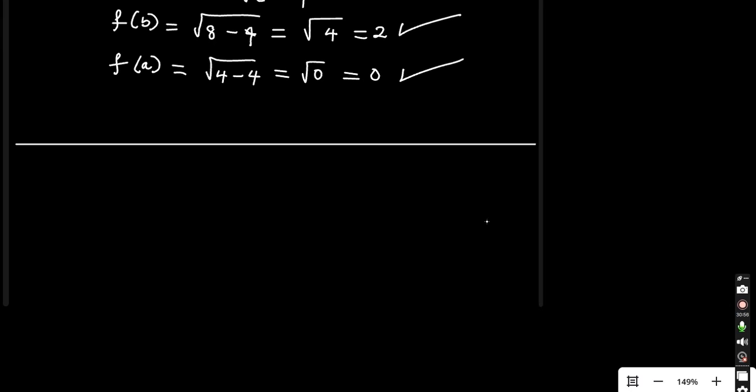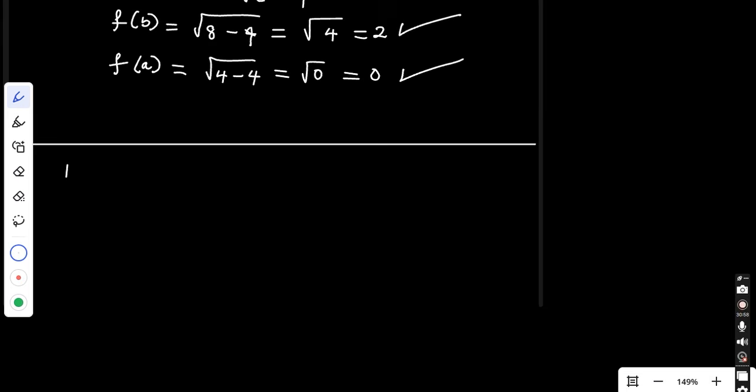What is f prime of c? That is 1 over 2 root c minus 4, and we see this is equal to the average rate of change, which is f of b minus f of a all over b minus a.